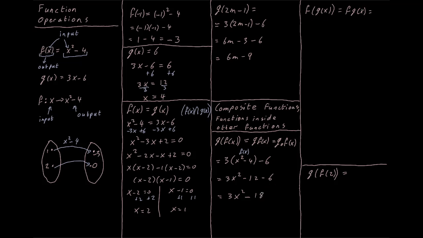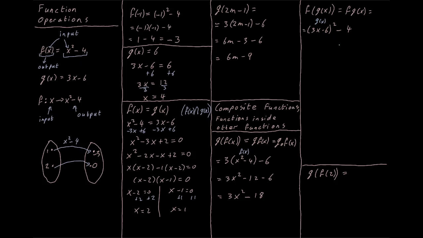We can also go the other way around. We have f of g of x, and you just sub in the same way. Now we'd have 3x minus 6 squared, minus 4. So this is the g of x.